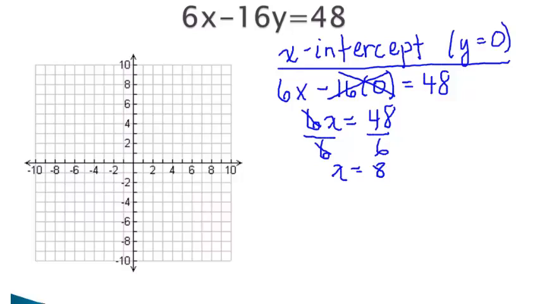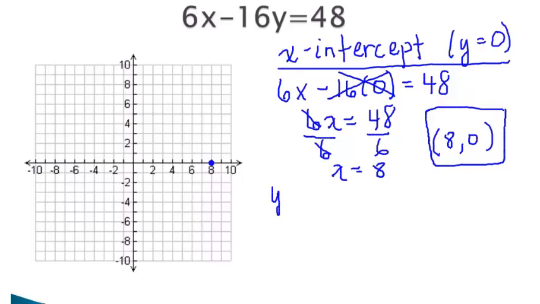So this means our x-intercept is at 8 along the x-axis. Now as an ordered pair, we would express this as x comma y, or 8 comma 0. So our x-intercept is located at 8 comma 0. So let's go ahead and put that point on the graph now.